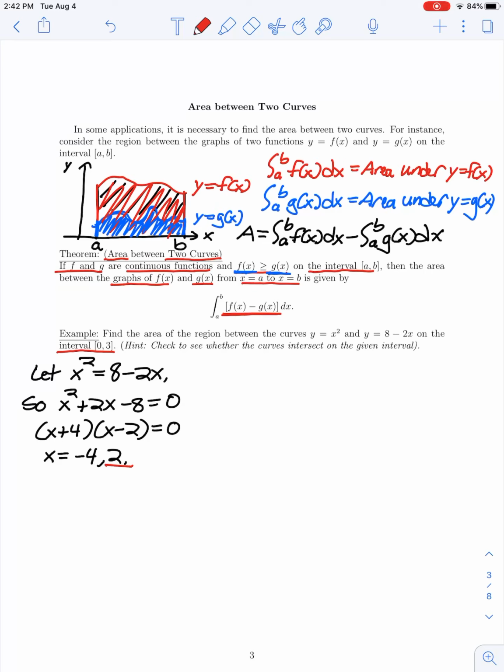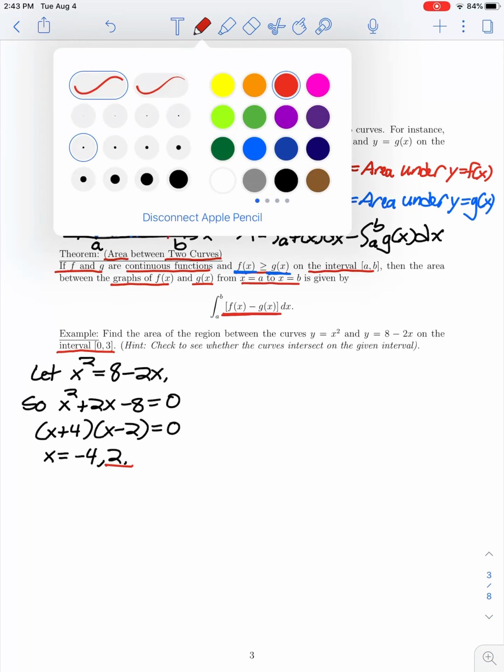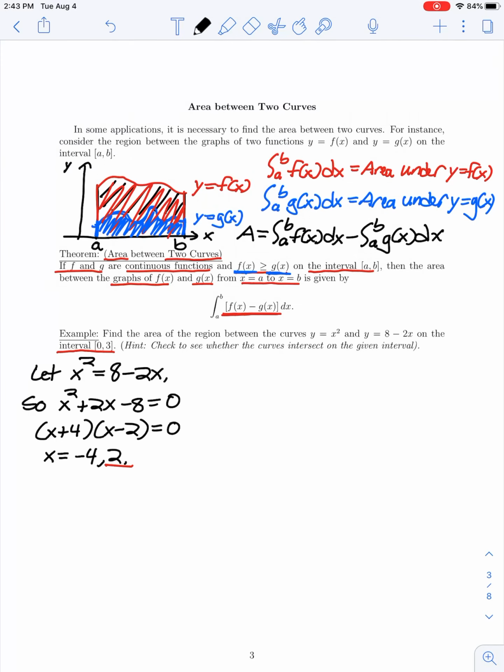So we need to determine on what part of this interval f of x is the top curve and on what interval g of x is the top curve. To illustrate this, let's make a rough sketch for our functions here. We're looking at the curves y equals x squared, which is a parabola opening upward with its vertex at the origin.